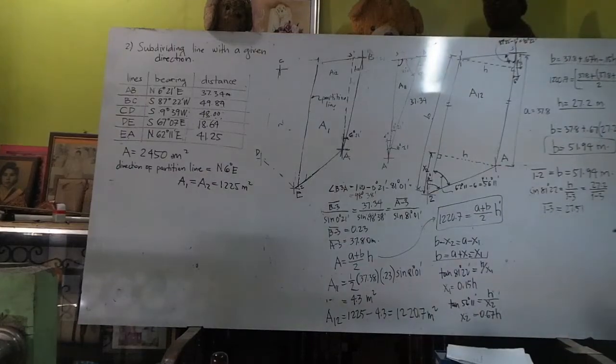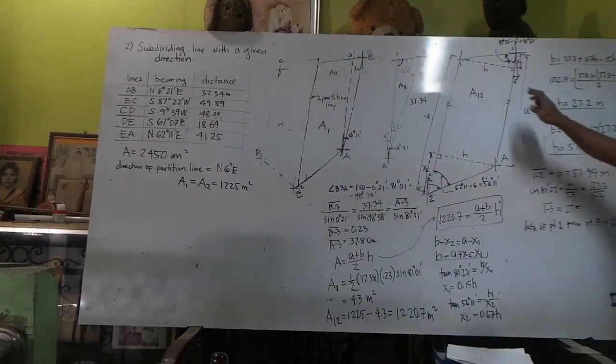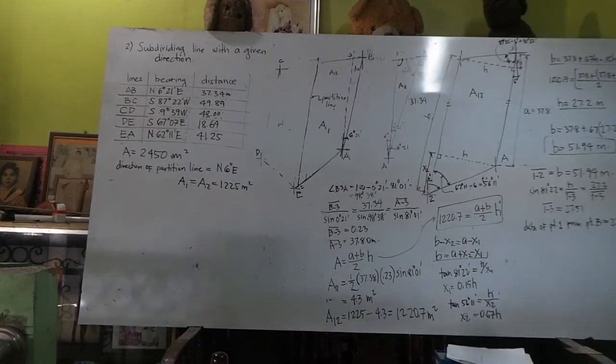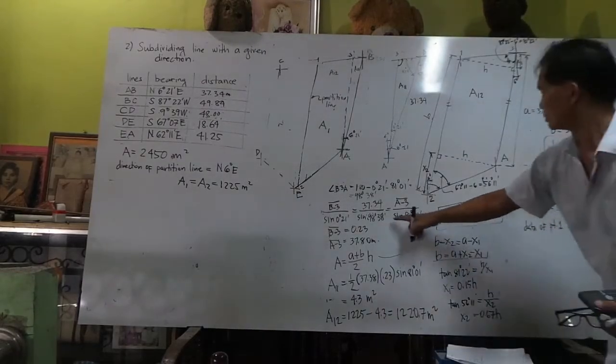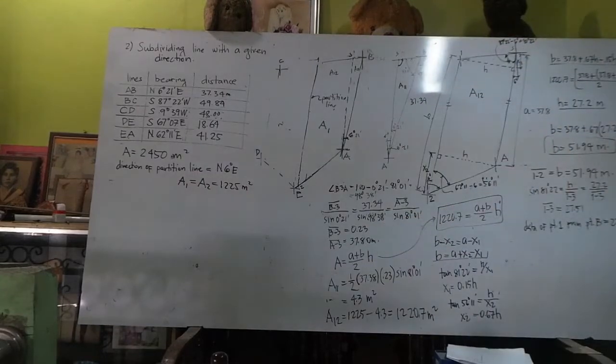So the distance of point 1 from point B is equal to this 27.51 plus this distance, which is B3, plus point 23.